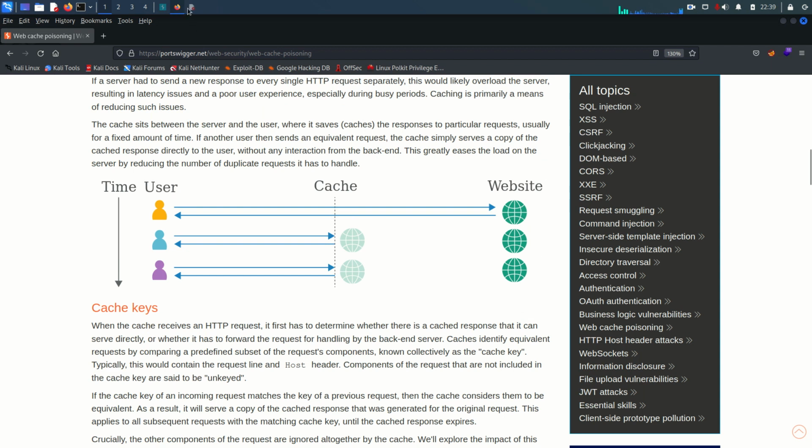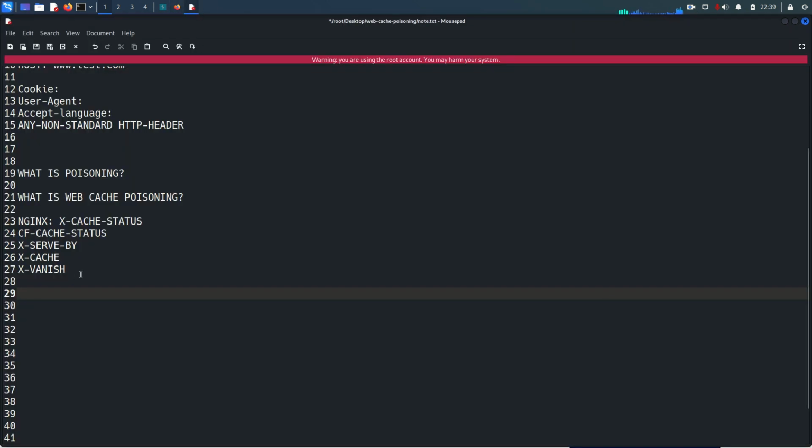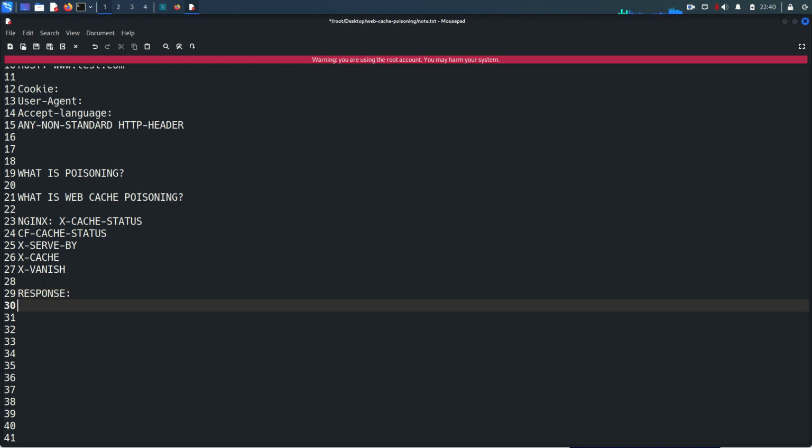So let's see. Normally we get a response like this. In the response we find HTTP/1.1 200 OK. The status code could be something else, but this is to make you understand.